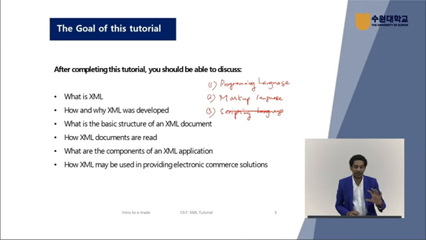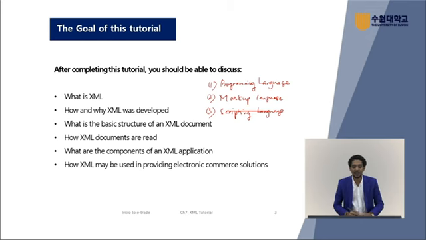Programming languages are basically concerned with transforming data, and markup languages are basically concerned with the presentation of the data, like making the content italic or bold within the element, right?